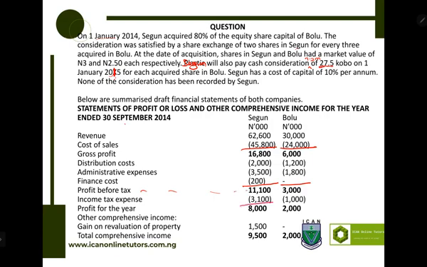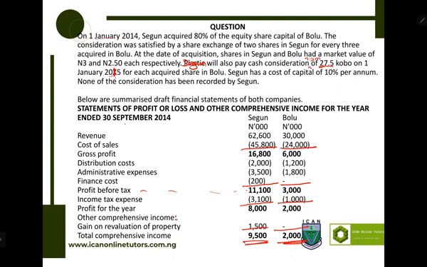Profit before tax minus income tax gives us profit for the year, which is profit after tax. Then we have other comprehensive income, which includes gain or loss on revaluation of assets. At the end of the day, we have total comprehensive income of 9,500 and 2,000 respectively.